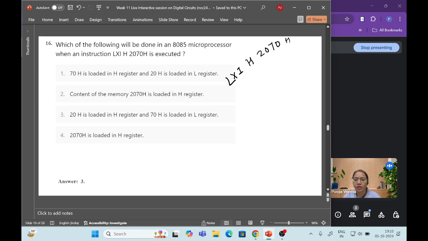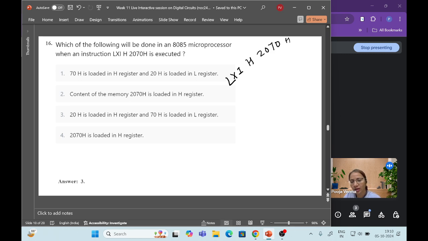Option 4 is 2070 is loaded in the H register. So which operation will it do? The LXI H instruction directly loads the higher byte of the 16-bit operand, that is 2070, into the H register, and the lower byte into the L register.